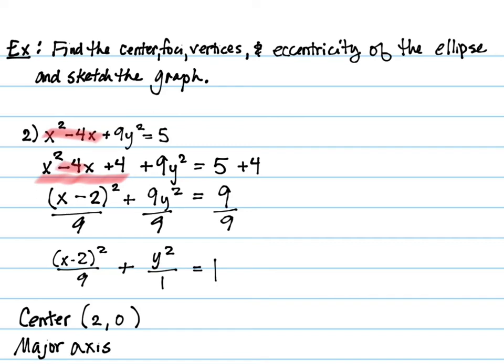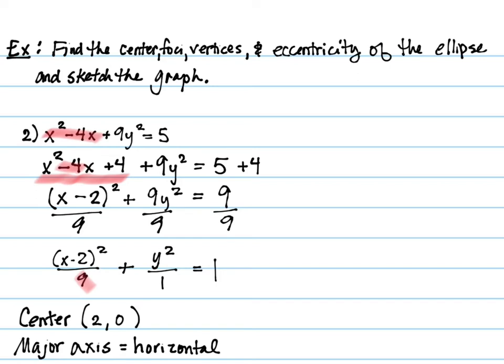First of all, is my major axis horizontal or vertical? It's horizontal. How do you know, Aaron? Because the x is going to be more stretched out than the y. Yeah, so in particular, the bigger number is underneath x. It's actually a 9 compared to the other one being a 1.